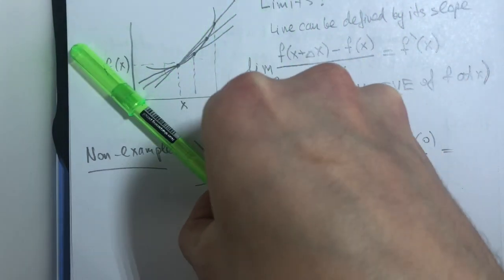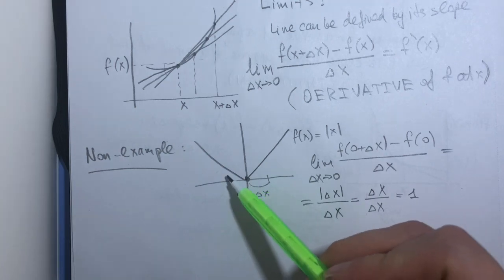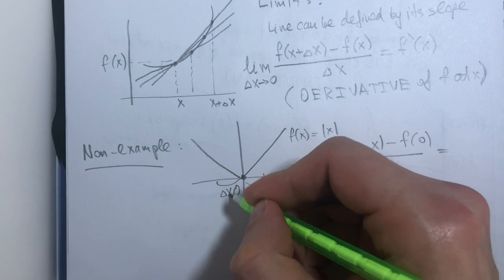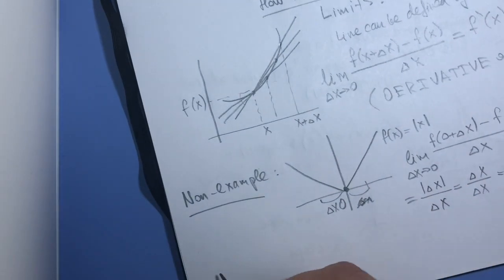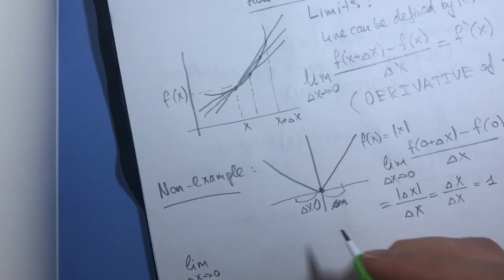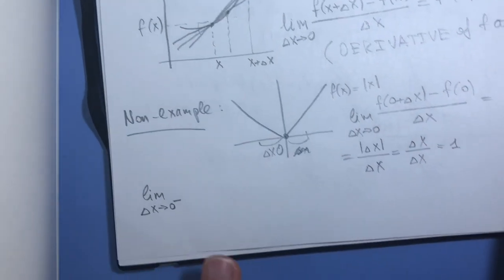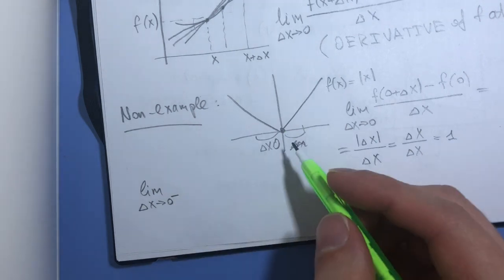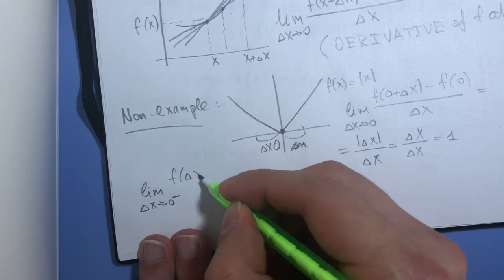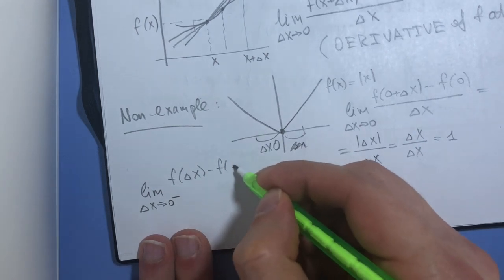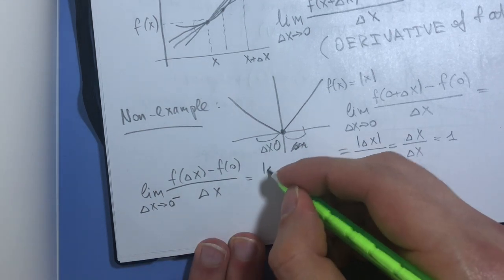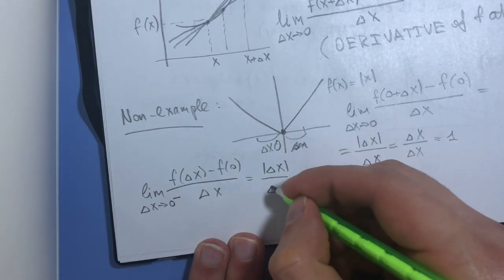Let me try and approach our point from the negative direction. So let us now have this delta x. What is the limit now? This limit is delta x tends to 0 minus, if you like, to symbolize that it's coming from the negative direction, f of delta x minus f of 0 over delta x, which is again this.